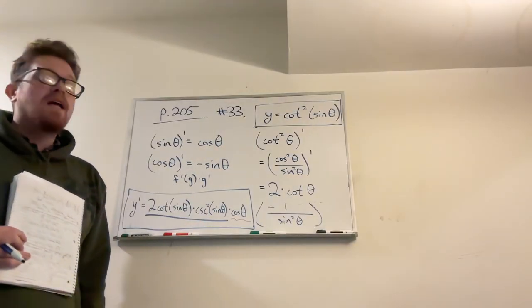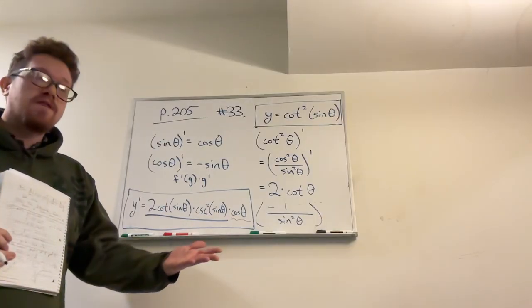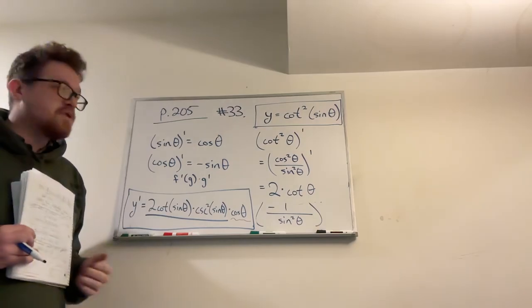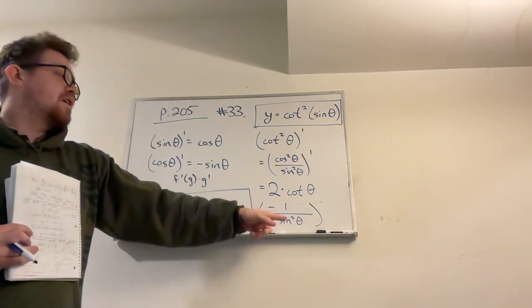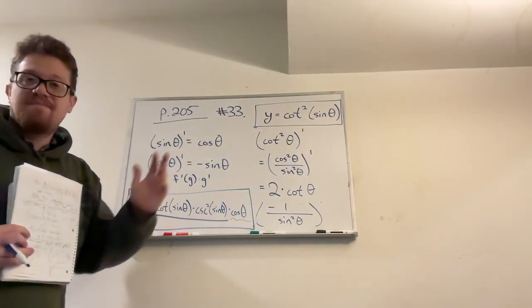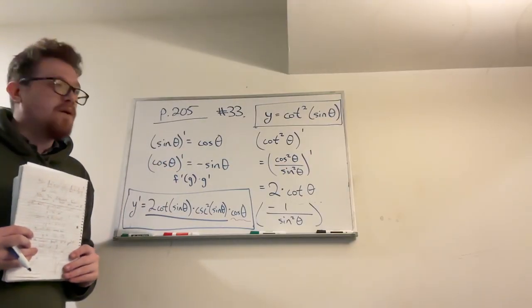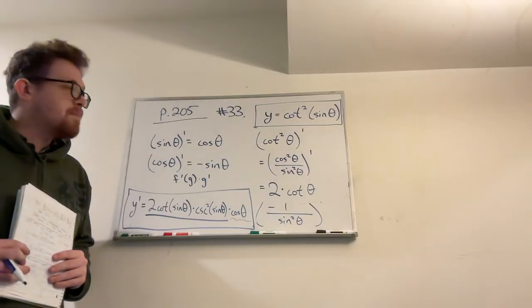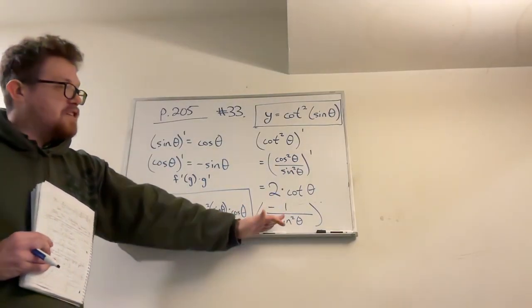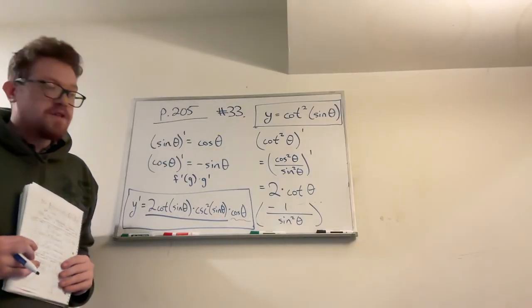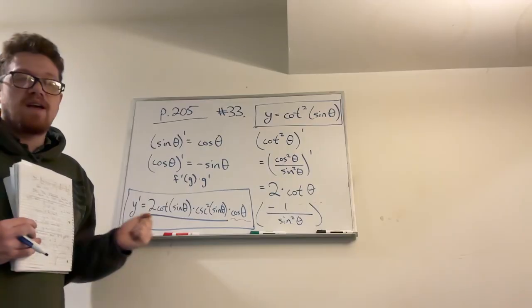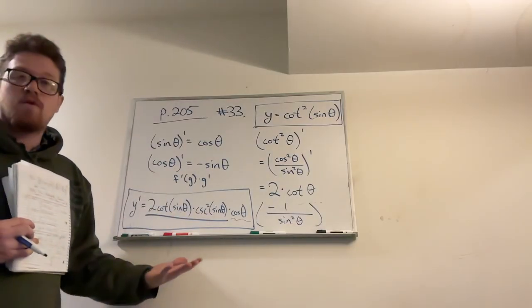Once you get to integrals and antiderivatives, it might be useful to memorize it, so that you automatically know it's 2 cotangent times negative cosecant squared. I probably wouldn't even memorize this on my own unless I was taking the class, right? But you do have to be careful that there are a lot of trigonometric relations between these functions, and so sometimes there are multiple different ways of writing the answer that are all technically correct.